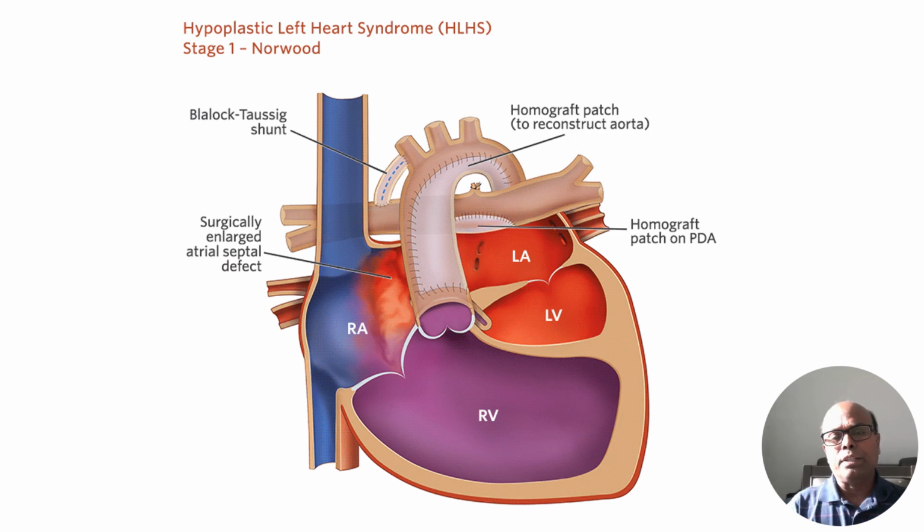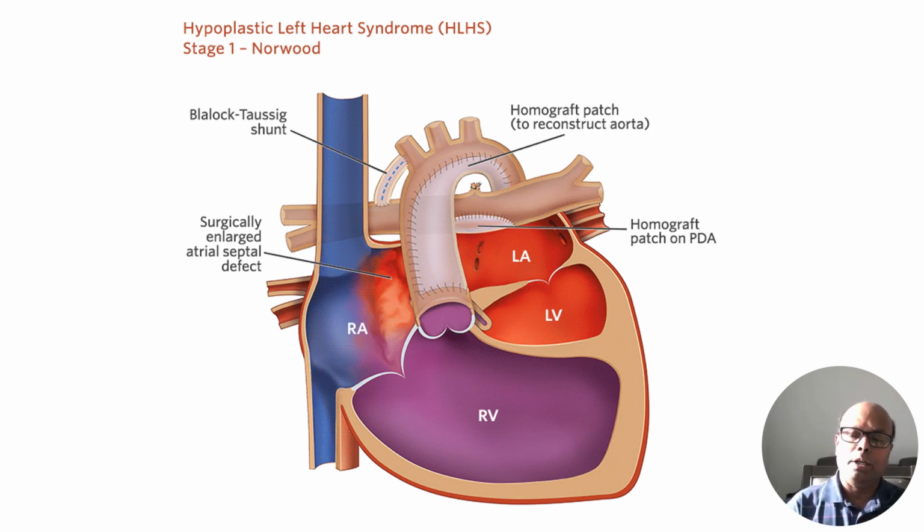This is the classic stage 1 Norwood. In this one, the hypoplastic arch is reconstructed; we call it a new aorta that has been created. Second, close the PDA. Third, create a shunt between the systemic circulation and pulmonary circulation.